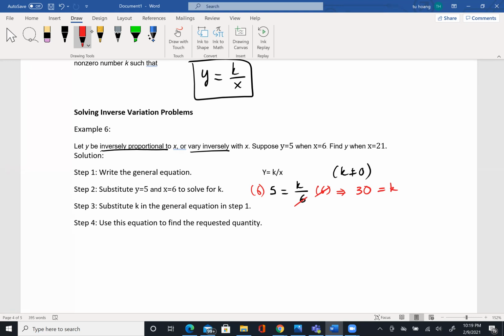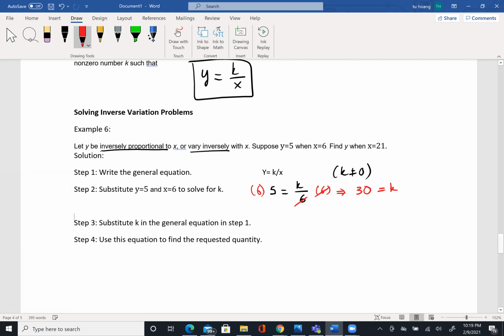Okay, and I can come to step number 3 and substitute k equal to 30 in the general equation from step 1, and I have y equal to 30 divided by x.